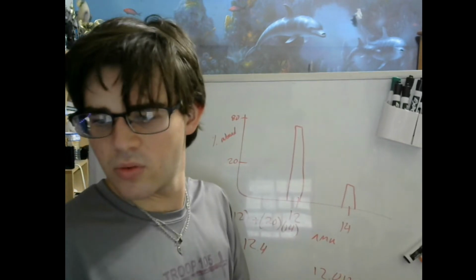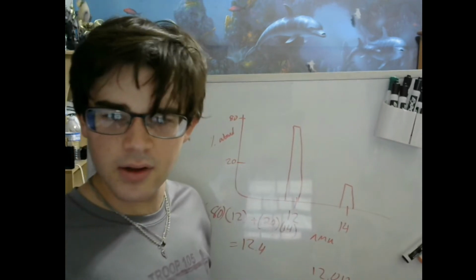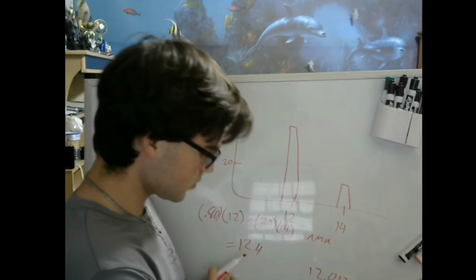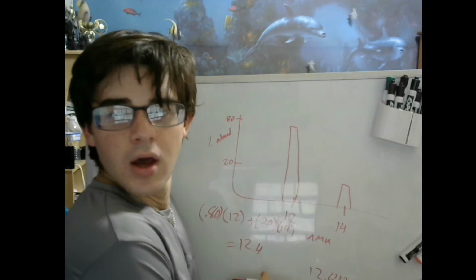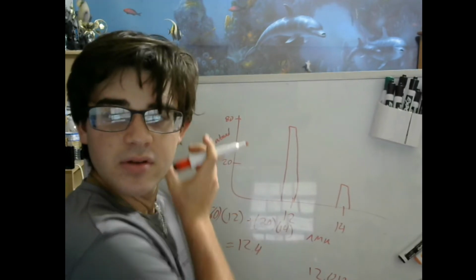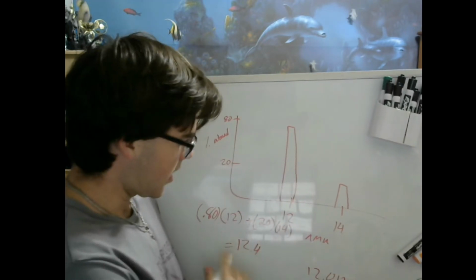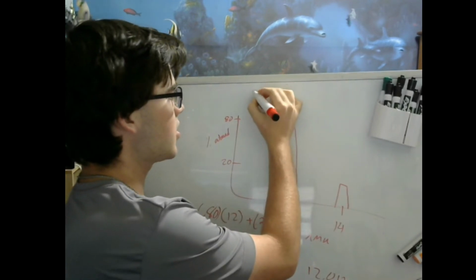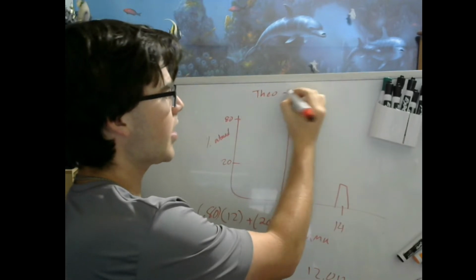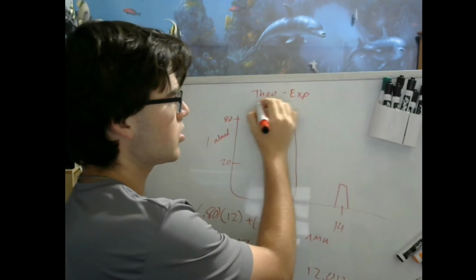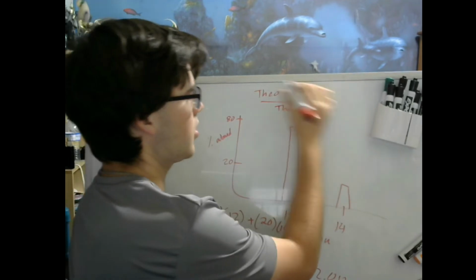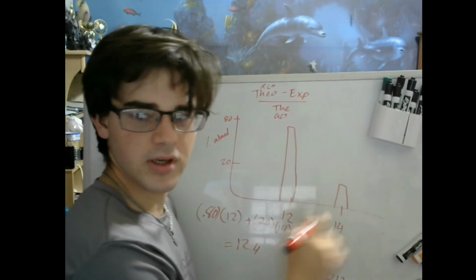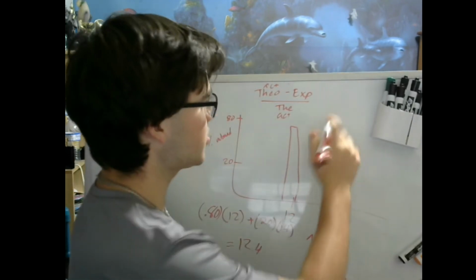Since I don't remember where this is taught in the curriculum, I'm just going to do it here. There's something called experimental error, percent error, stuff like that, and we're going to pretend this was a lab. So what you want is your theoretical, or actual, minus experimental, over your theoretical, because here we're doing an actual minus experimental.